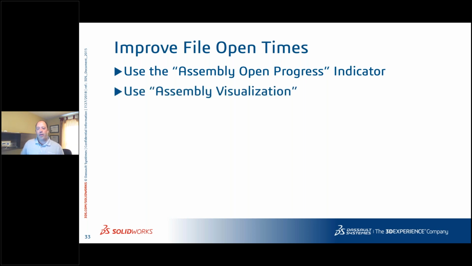Use the assembly visualization tool to help you troubleshoot what files are taking the most time to open, what files are creating a lot of burden on the graphics, etc. Now, assembly visualization existed before 2018 as well. So if you're on an earlier release, you can still use it. It's not as easy to discover, but it is there.